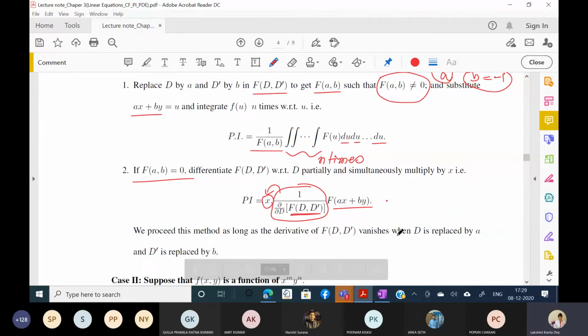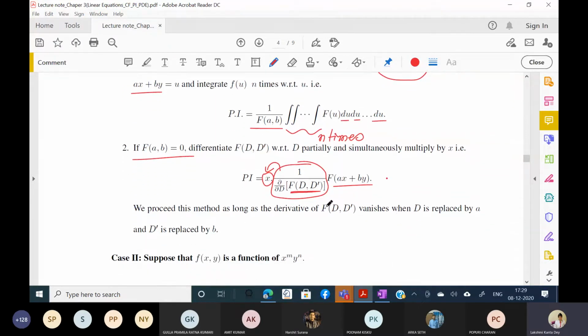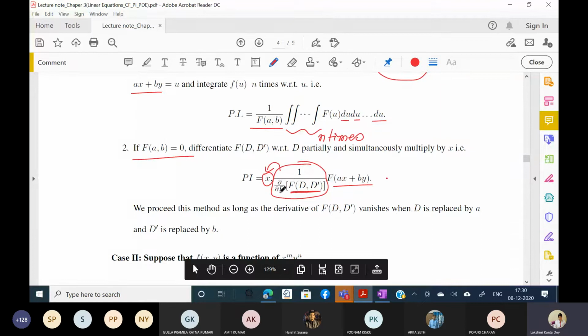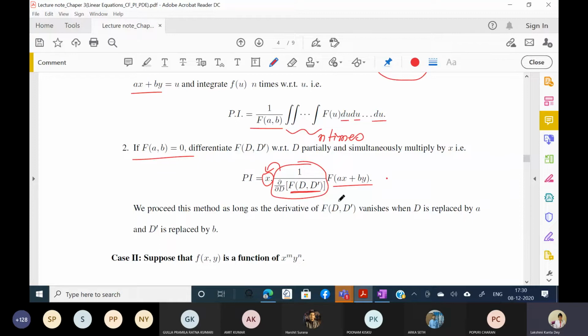Again, it may happen that if you put D equal to a, D dash equal to b, then it may again come to 0. Then again we have to multiply x on the left hand side, and again differentiate partially with respect to D. How many times?